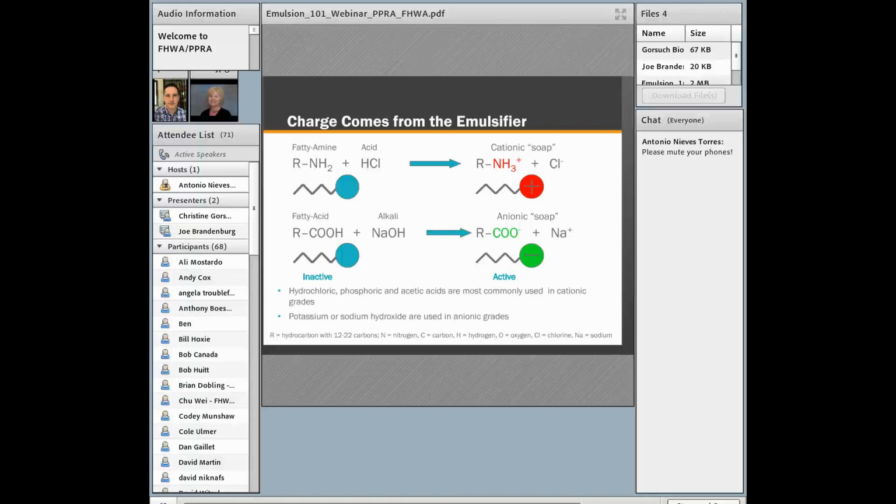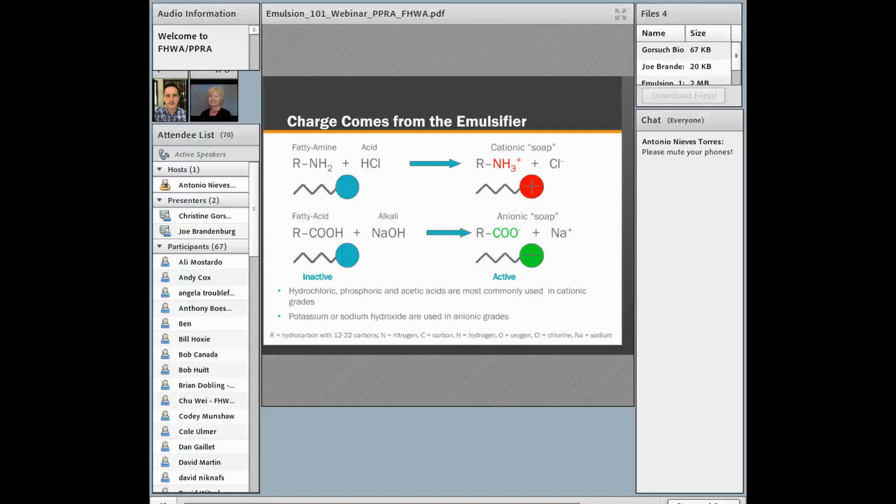So where does the charge come from? It actually comes from the emulsifier. On this slide, we have a simplified structure of an emulsifier molecule, with the big blue dot with the tail on it. The top diagram is a cationic emulsifier. In the head group, there tends to be a nitrogen atom, which is able to accept a positive charge, also called, you might hear people say, protonate.